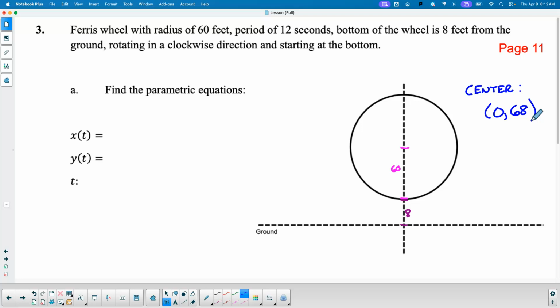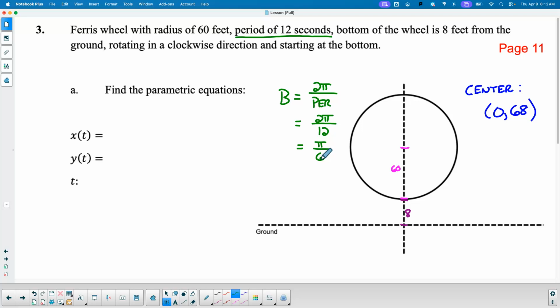It has a period of 12 seconds. Yesterday we learned that our B value was equal to 2 pi divided by the period. So that's going to be 2 pi divided by 12, or pi over 6. Correct?